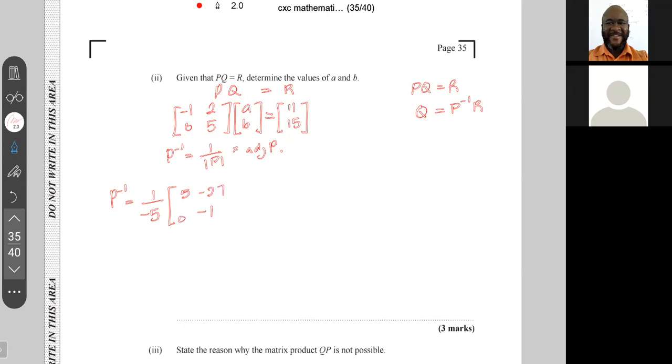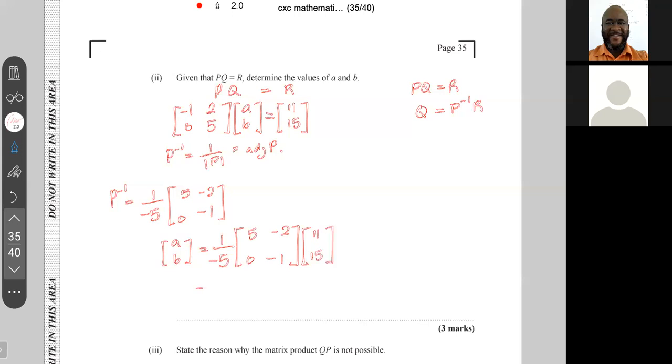So that's P inverse. So to solve our equation, we write back Q. Q is the matrix with unknown elements A, B, and this is equal to P inverse, which is 1 over -5 times 5, -2, 0, -1, and we're multiplying this by R, which is 11, 15.